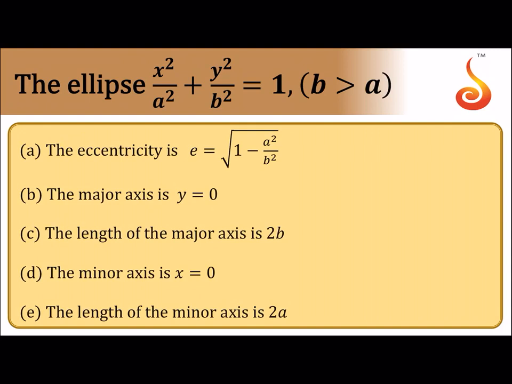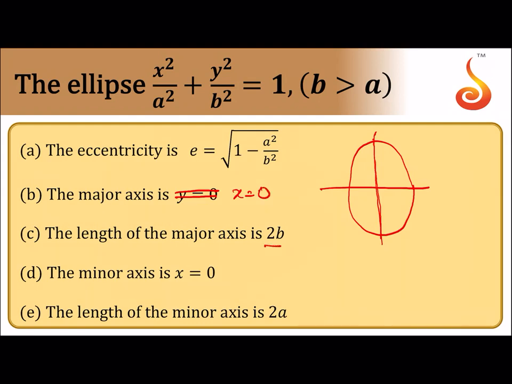Now, this is the eccentricity. If it is reversed, x square upon a square plus y square upon b square equal to 1, so this is what we call the vertical ellipse. Then the eccentricity will be under root of 1 minus a square by b square. This is the major axis where x equal to 0.